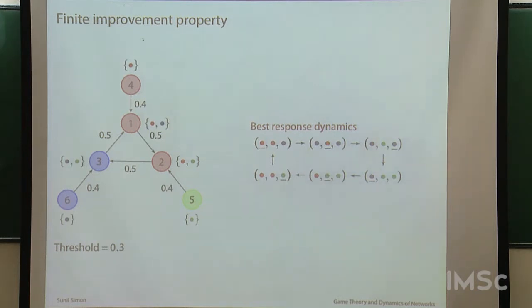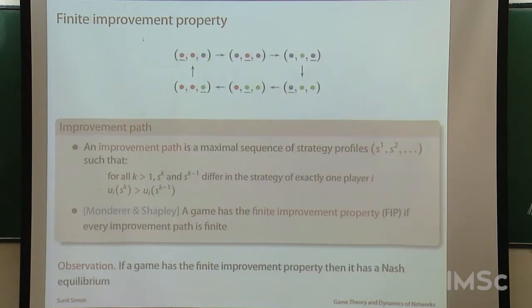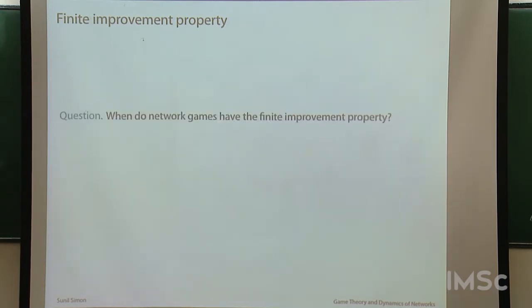So you can ask what are the substructures or what are the conditions that you should put on the network game such that it has the finite improvement property. This is simply the same thing that we defined yesterday. Do network games have the finite improvement property? Well, the answer is very strange.